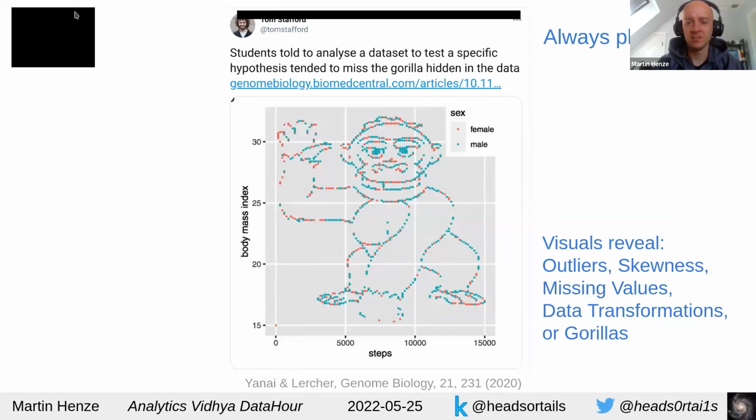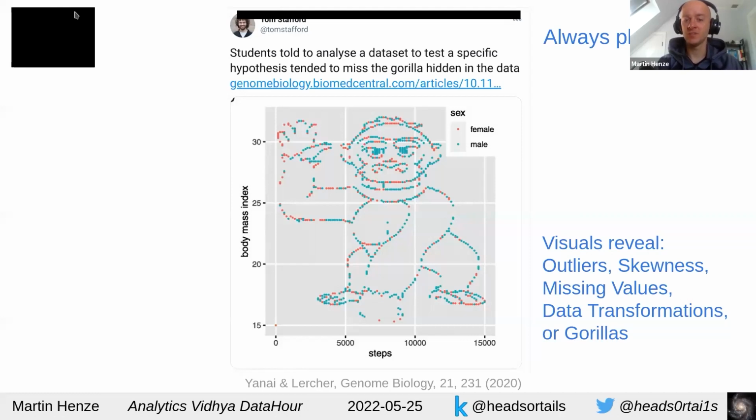And you can do a lot of model fitting with this immediately, but unless you actually plot the data and look at it, the students wouldn't have realized that there is a gorilla that's literally waving out at them, right? So this is obviously something the experimenters designed to see whether students would plot the data or whether they would just start applying models without even having seen the data in its context, right?